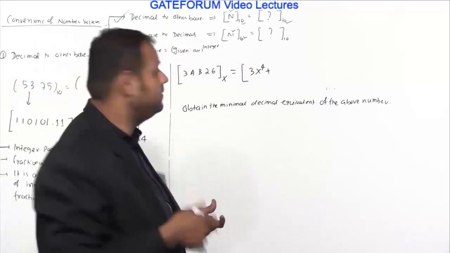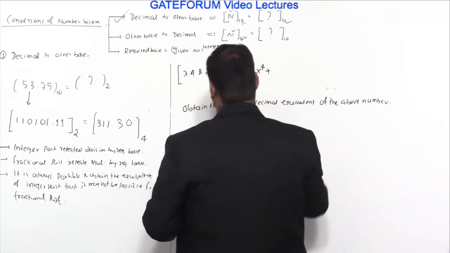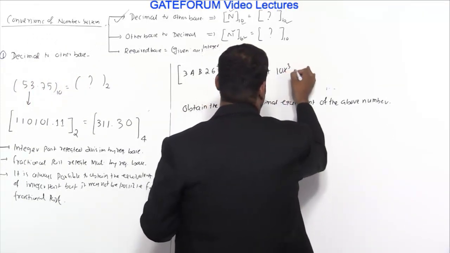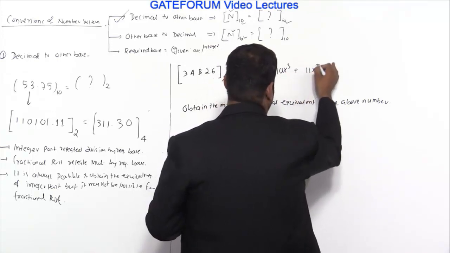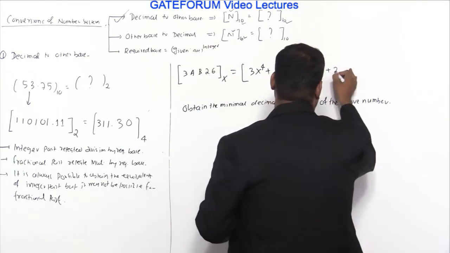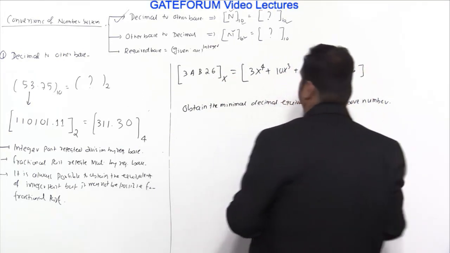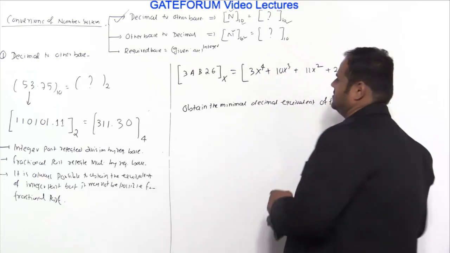For F it is 15. So 3x power 4 plus 10x power 3, B is 11, 11x power 2, then 2 into x plus 6 into x power 0. So this is the decimal equivalent of this.